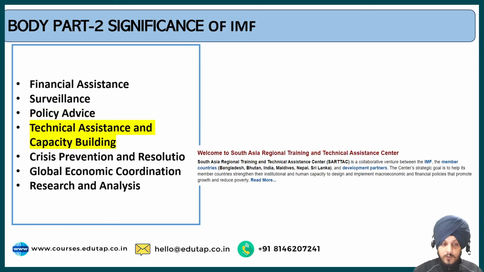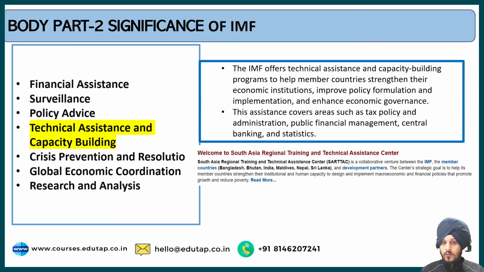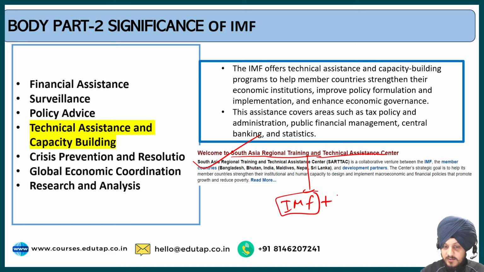So the next, or the fourth point, is the technical assistance or the capacity building. That is also a major role of IMF, where IMF strengthens the economic institutions and improves the policy formulation of its member nations, and it helps in areas such as the tax policy, then public financial management, etc. So one such example that I have written is the South Asia Regional Training and Technical Assistance Center that was created with the help of IMF, and it was formed with the collaboration between IMF and the nations like Bangladesh, Bhutan, India, Maldives, Nepal, and Sri Lanka.